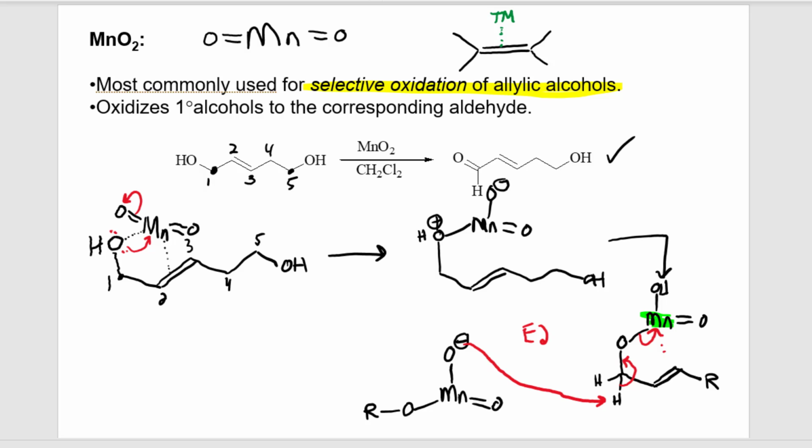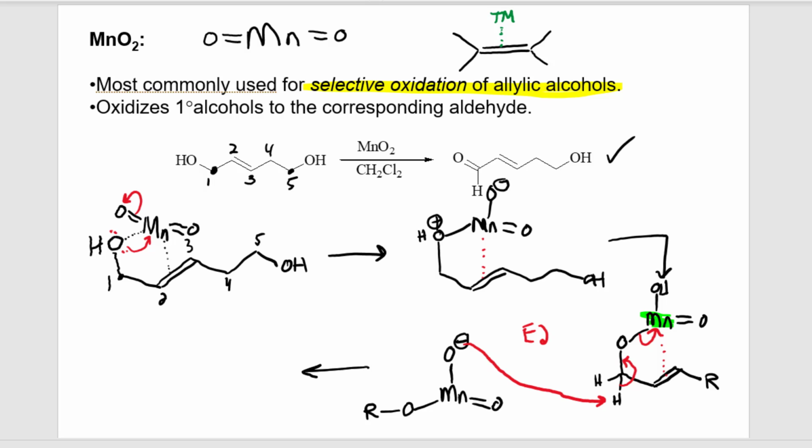It's still attracted to the pi system in all of these cases. But we see a very similar trend, right? It's still a very similar flow of electrons. The only difference here is that the manganese was brought in close as it was attracted to the p orbitals of the alkene and thus selectively oxidizes the nearby alcohol at the allylic position.